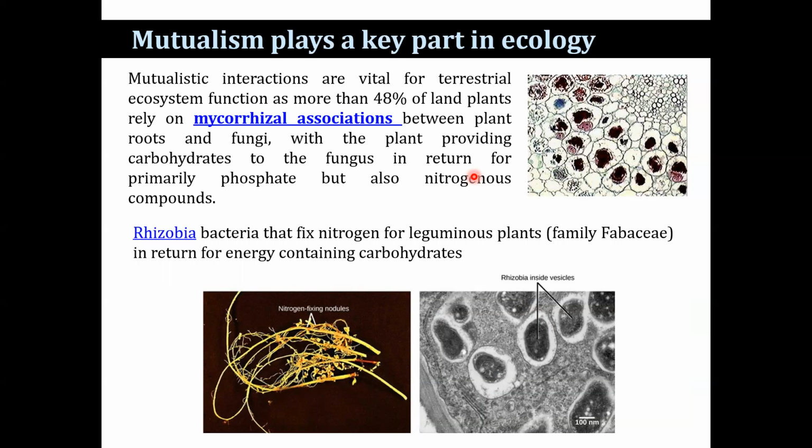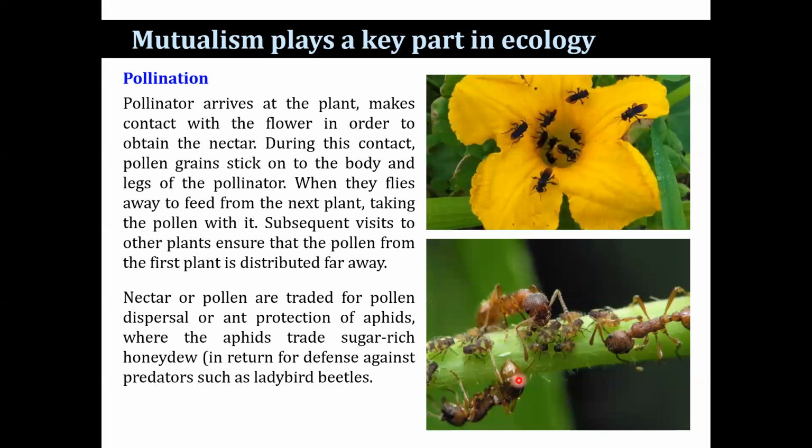Another example is rhizobia, a bacteria that fixes nitrogen for the leguminous plant in return for energy containing carbohydrates. So it is a mutualistic relationship, both dependent on each other.